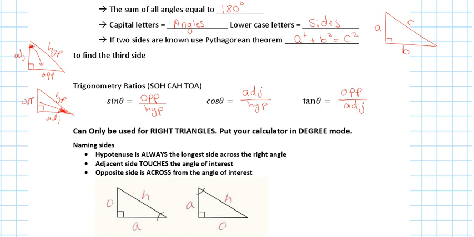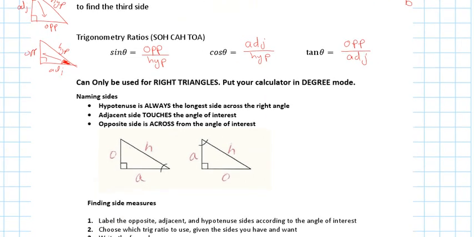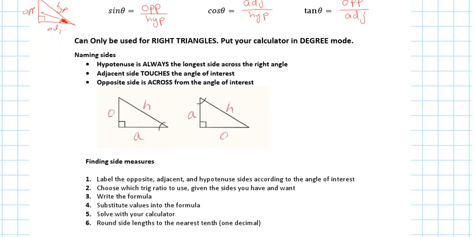Don't try to use them with oblique triangles because it will not work. I've already explained this part to you. The hypotenuse is always the longest side across the right angle. Adjacent is the side that touches the angle of interest, and the opposite side is across from the angle of interest. Any questions about naming your triangles?